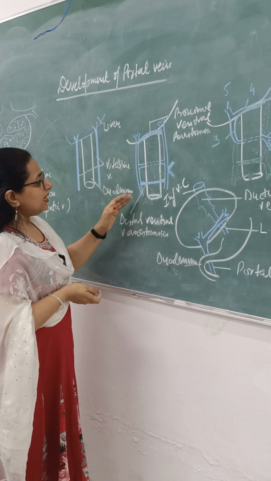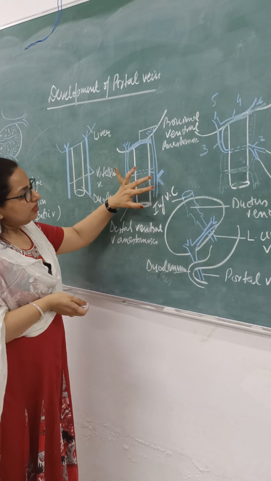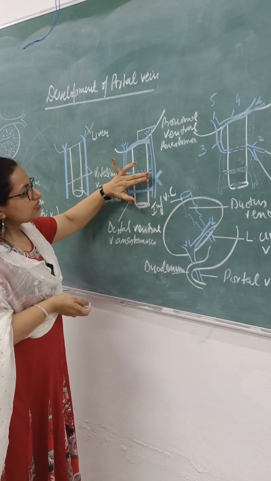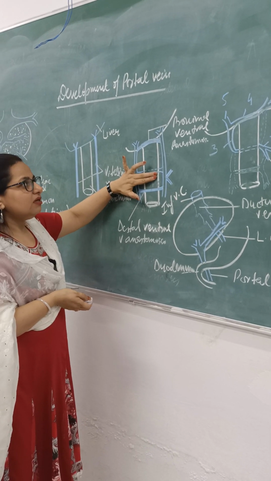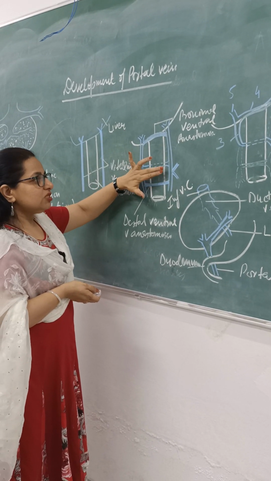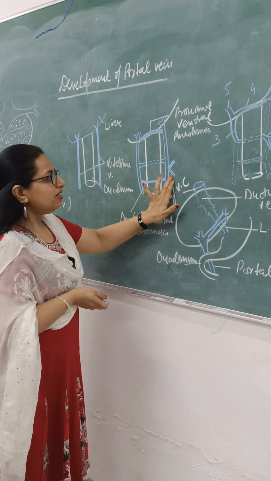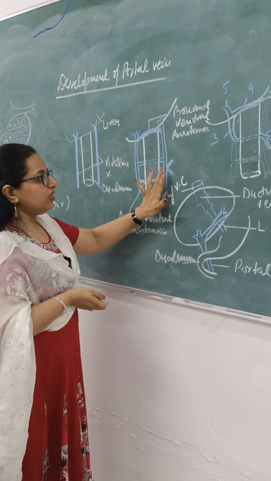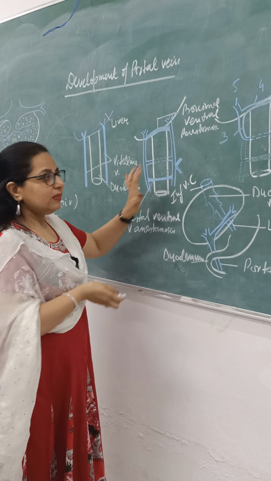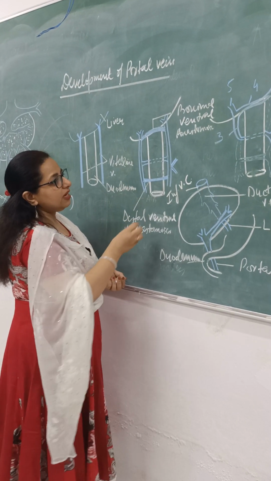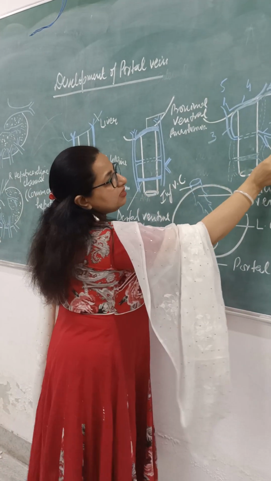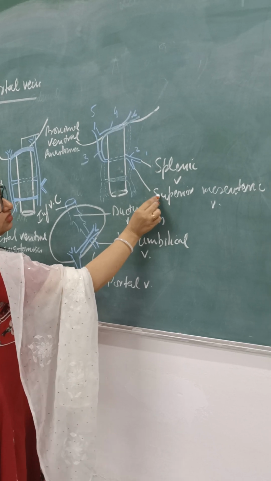Now what happens next is two small veins caudal to the dorsal anastomosis attach towards the left vitelline vein. These two have been named, as you can see here, the splenic vein and the superior mesenteric vein.